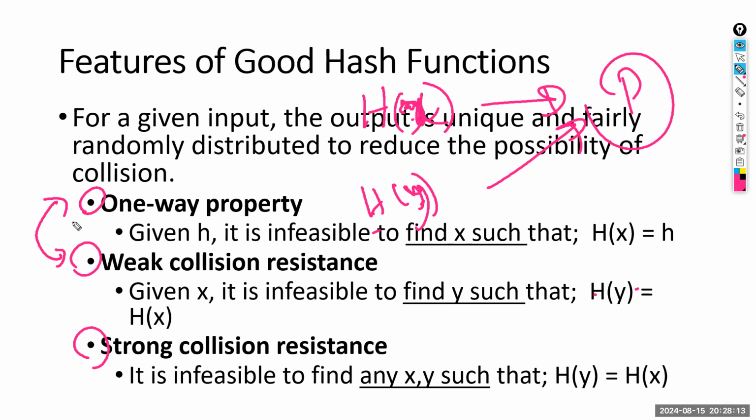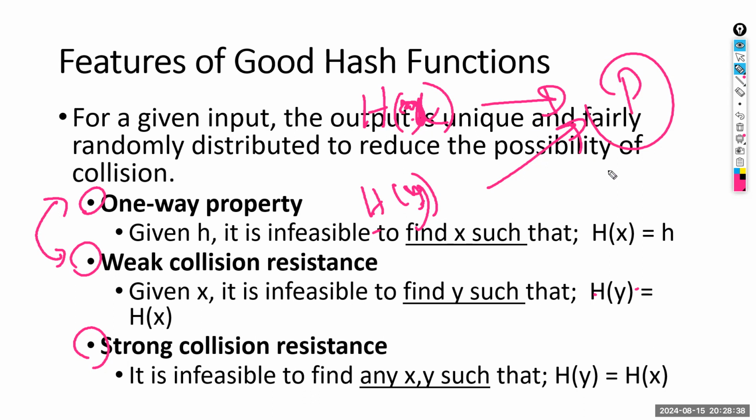Third one is strong collision resistance. It must be infeasible to find x and y such that hash y is hash x. So that means not x is given, you find y. Earlier, x is given, you find y. Or hash is given, you find x.